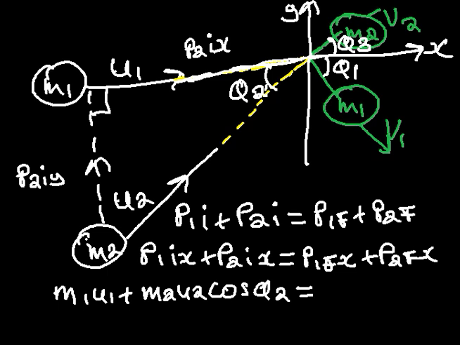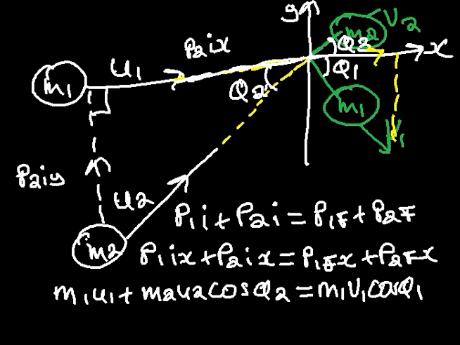Now we go like this, and also like this, where this is the x component and this is the y component. The x component is going towards the positive direction, so it is positive. We'll have it as m1 v1 cos theta 1.